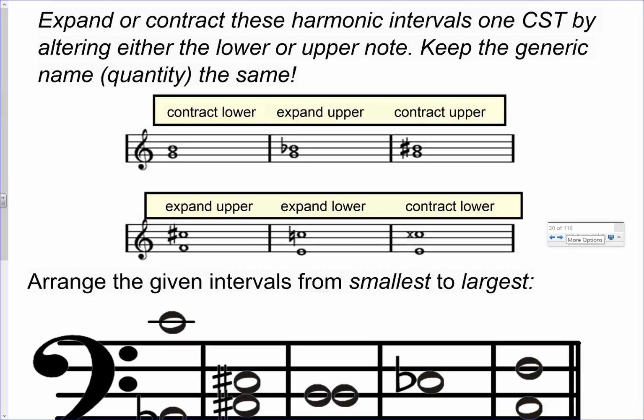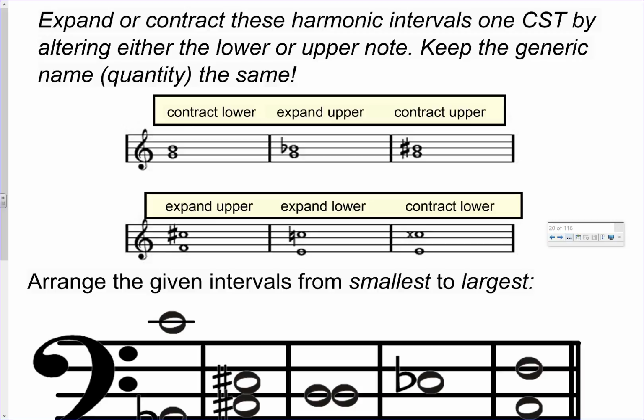Here's an activity we'll need staff paper for. We need to take a look at these 6 measures of harmonic intervals. And we need to expand or contract these harmonic intervals 1 CST by altering either the lower or upper note. We need to keep the generic name or quantity the same.